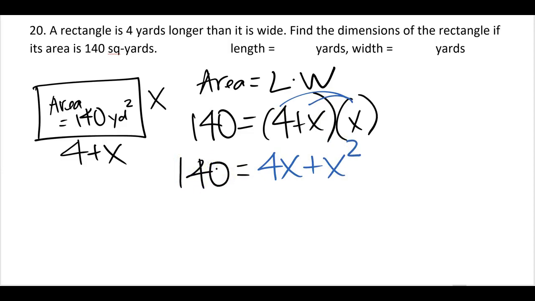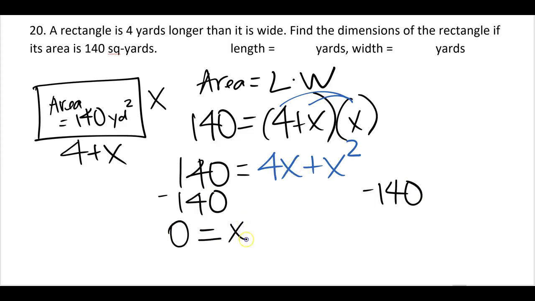And then if we're going to solve this, we need to set it equal to 0. So let's subtract 140. So then I'm going to have 0 equals, let's write the right-hand side in standard form, x squared plus 4x minus 140.